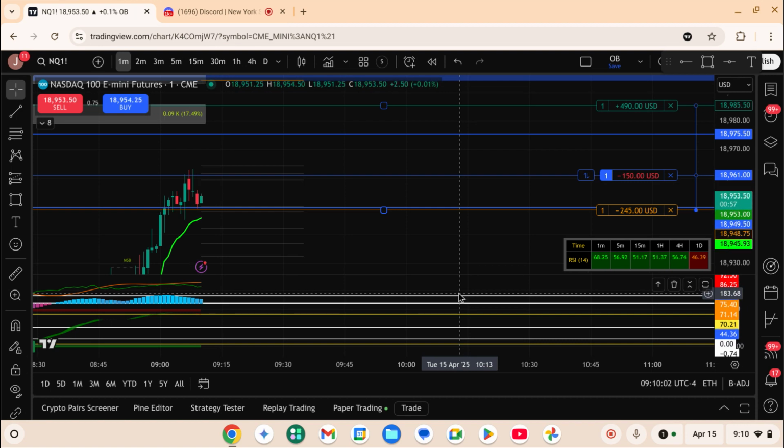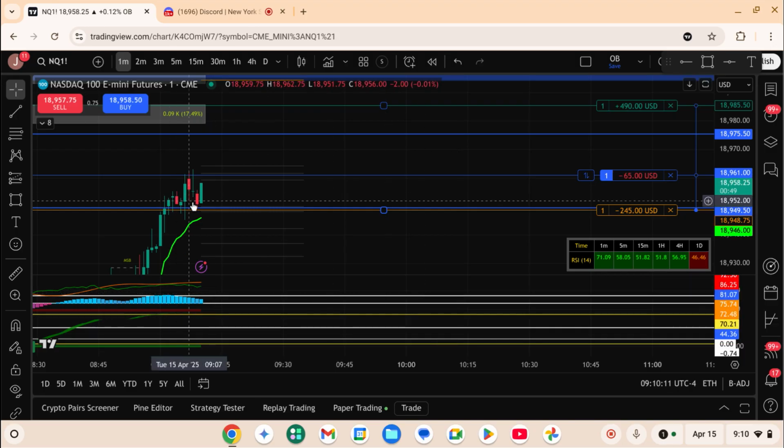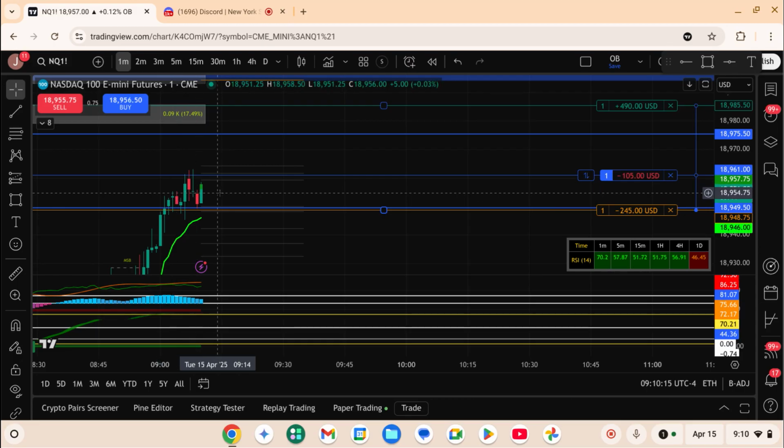And see how it's respecting that line right there? That's where the market structure shift was at. I wanted to get in right at this candle, but I was explaining that to y'all. So we were a little late on the entry.